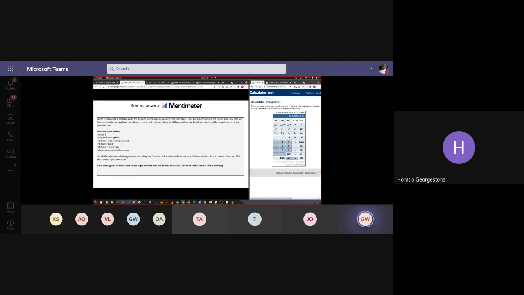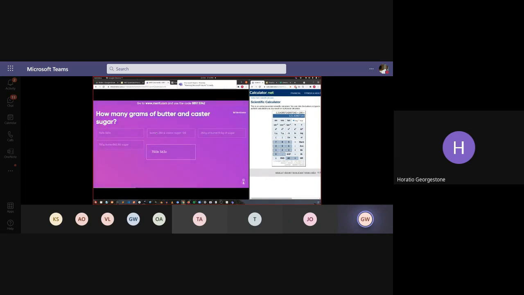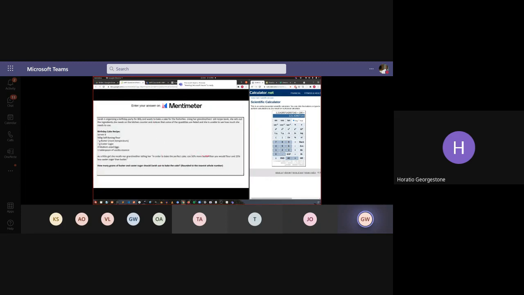The grandmother said, in order to bake the perfect cake, use 50% more butter than you would flour. Okay, use 50% more butter than you would flour. The flour is 500 grams. So I think we can see what's gone wrong with these answers, which is 2 different people, so it's an easy mistake to make, is you've done 50% of the flour, right?